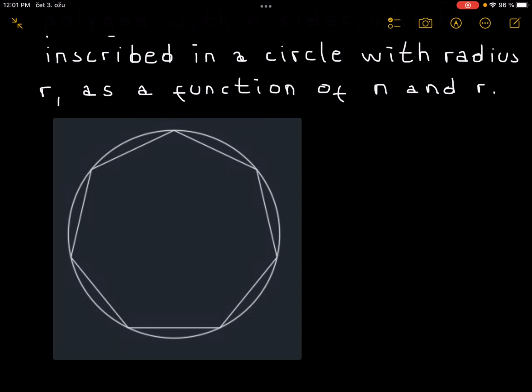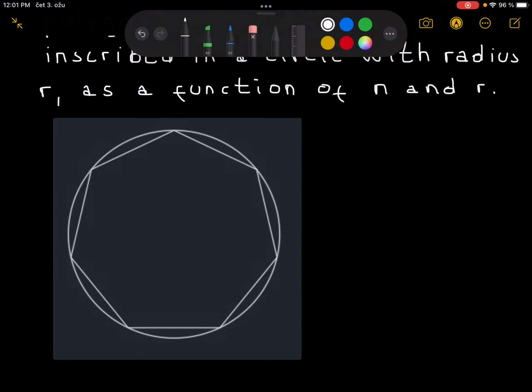Okay, so here on this picture we've got a heptagon, and it's a regular heptagon, meaning it has 7 equal sides and it's inscribed in a circle with a radius r.